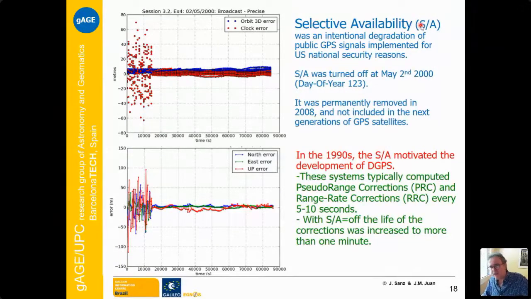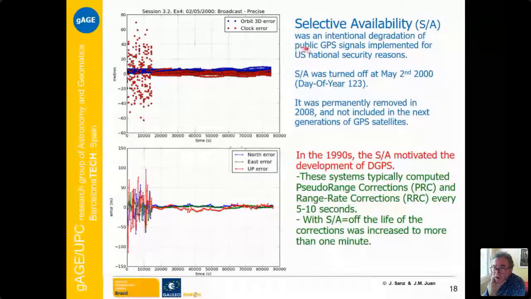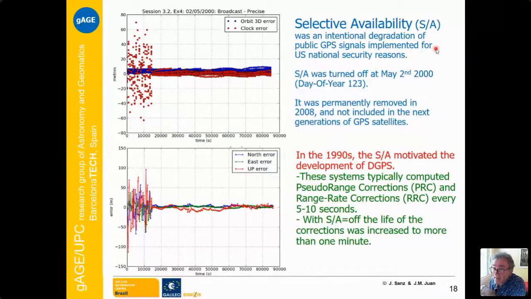Selective availability was an intentional degradation of the public GPS signals, implemented for national security reasons in order to deny the full capability of the GPS system to non-authorized, non-military users. This degradation introduced large errors at the user level.